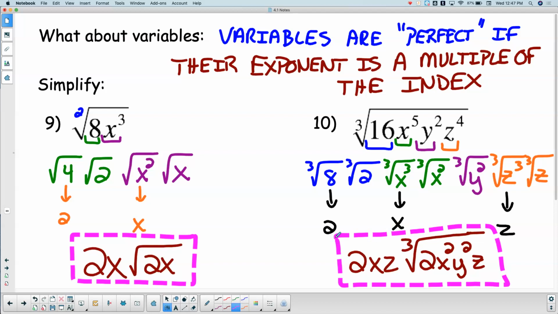I get 2xz times the cube root of 2x squared y squared z.